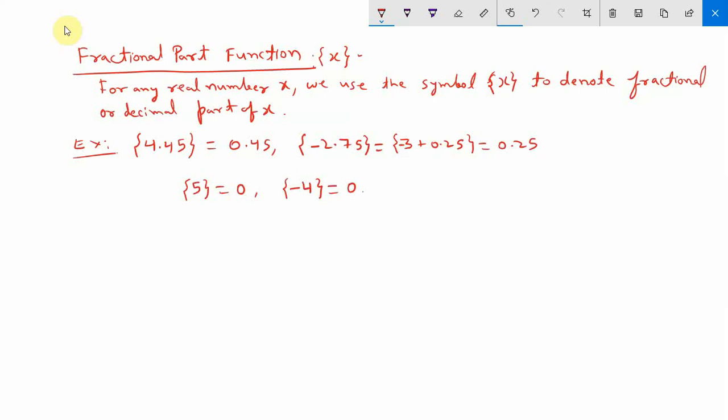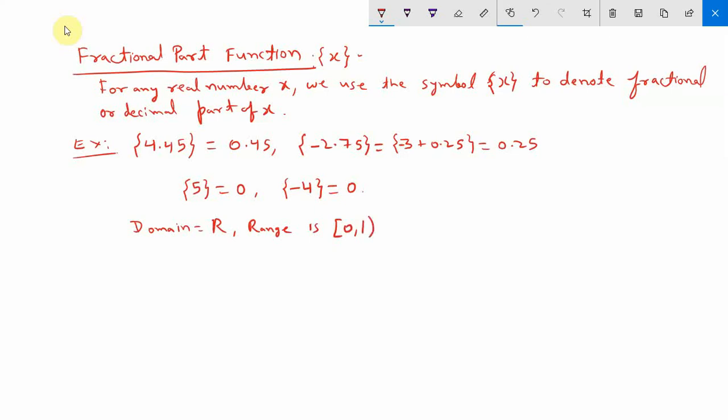So in this case, if we see what is the domain and range. Domain is the set of real numbers R, and range will be from 0 to 1.